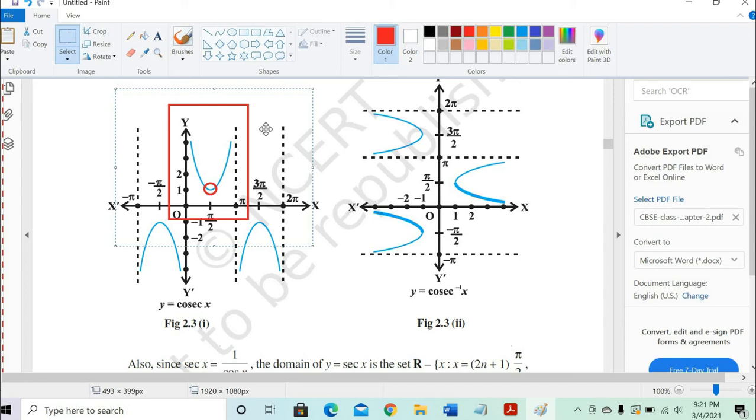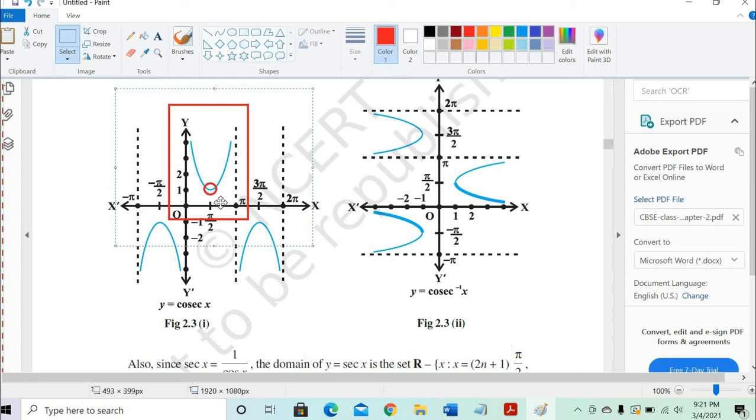Clear? Yes, sir. Excellent. Now similarly, if you focus on 0 to minus pi, that means it is in the fourth quadrant. 0 to minus pi is basically the fourth and the third quadrant, isn't it?